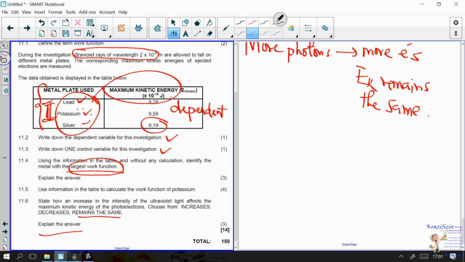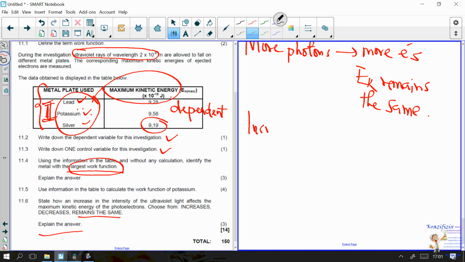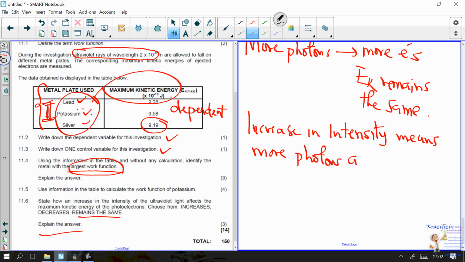Explain your answer. Increase in intensity, which I'm just repeating what I said, means more photons are radiated.